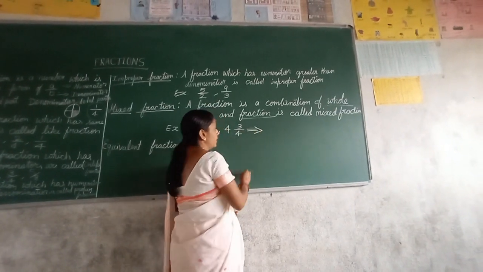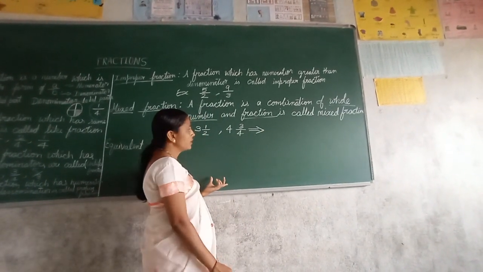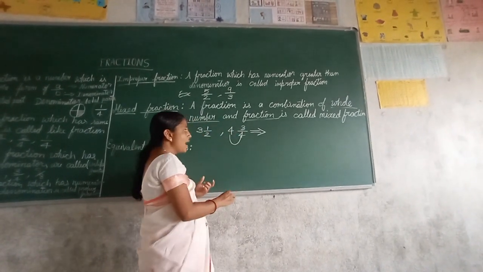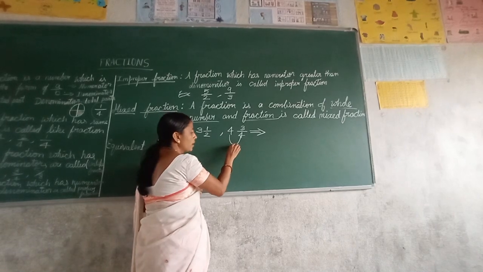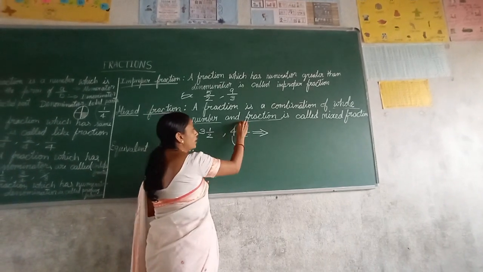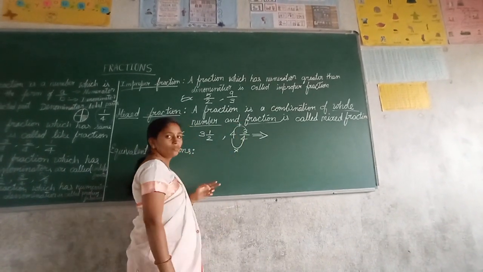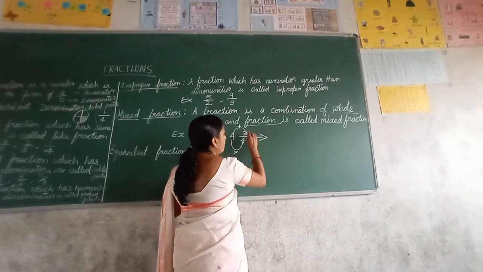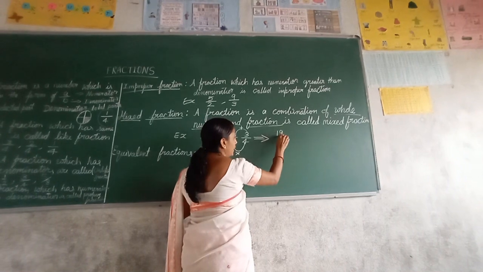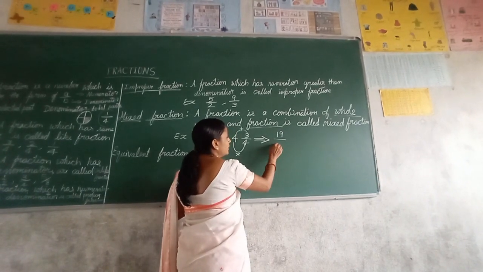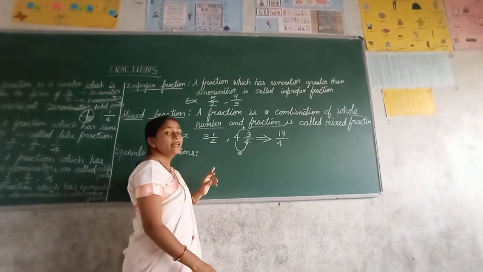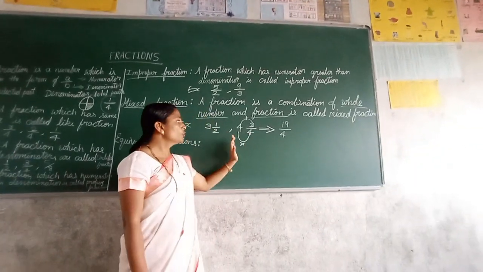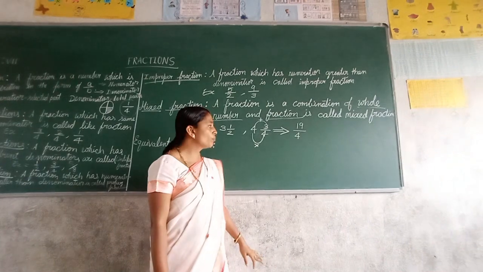When you are converting this, you have to follow this method. You have to multiply the whole number. Whatever product you get, you have to add. 4 4s are 16 plus 3, you will get 19. Then the denominator will be the same. This is the method of conversion from mixed fraction to improper fraction.